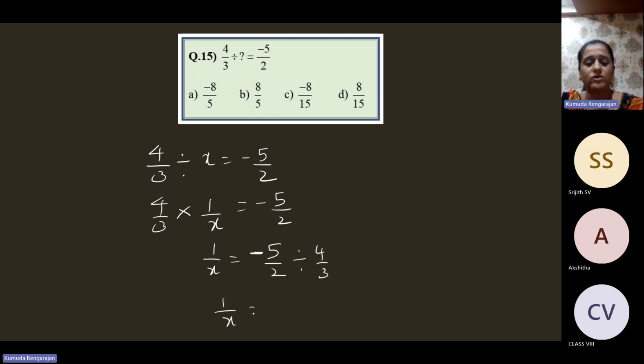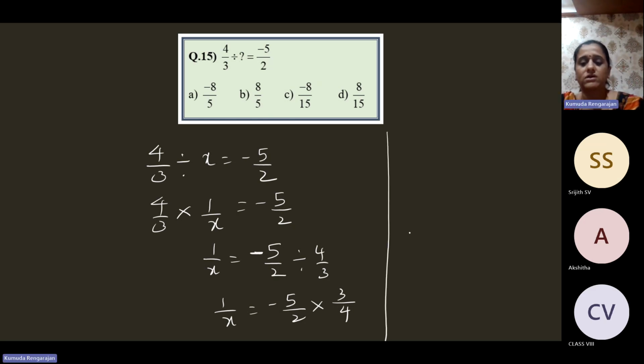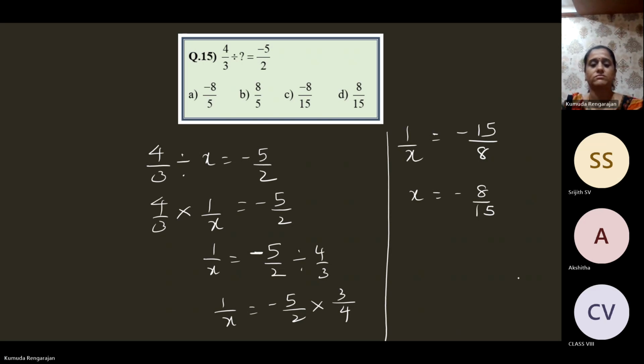So 1 by x is equal to minus 5 by 2 into 3 by 4. Correct? Yes, ma'am. 1 by x is equal to minus 15 by 8. So taking reciprocals on both the sides, x is equal to minus 8 by 15. So this is how you work to find the correct option.